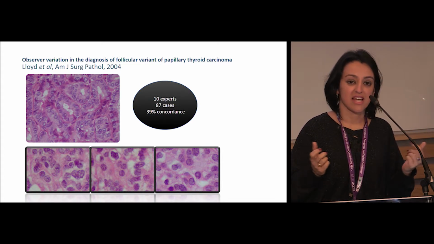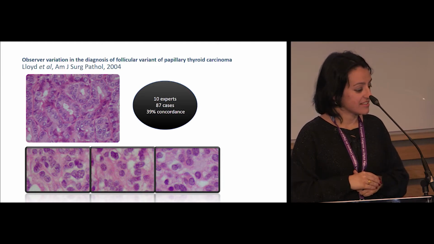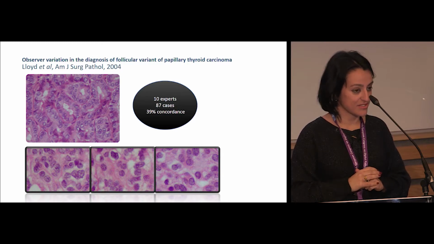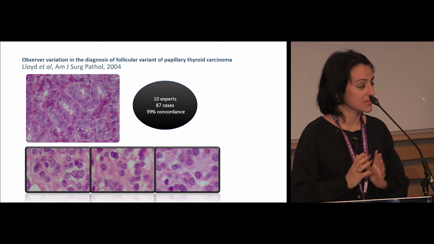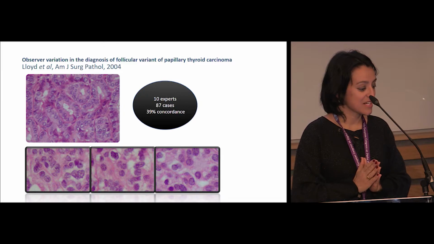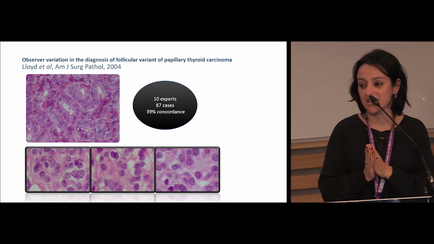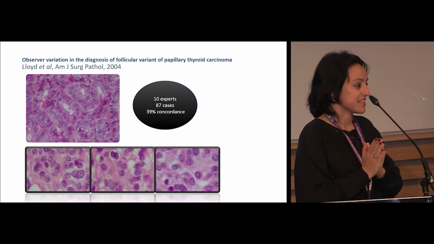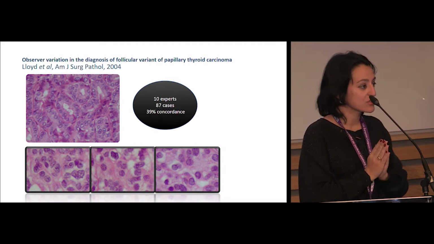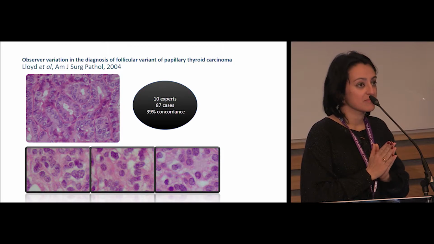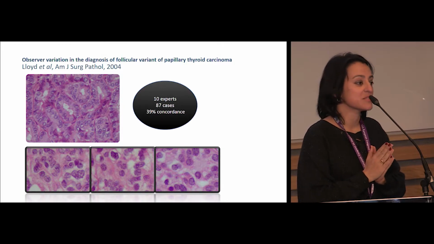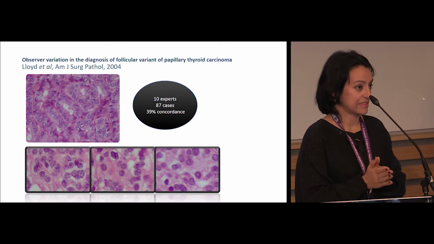And this ancient study that united 10 experts in the field, who evaluated 87 follicular variants of PTC, reports that they didn't even reach 40% concordance with respect to this diagnosis. So relying on the nuclei, most of the times the experts cannot separate a benign from a malignant lesion.